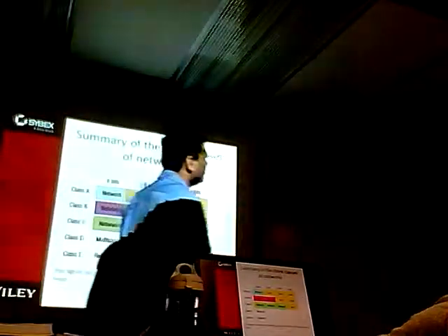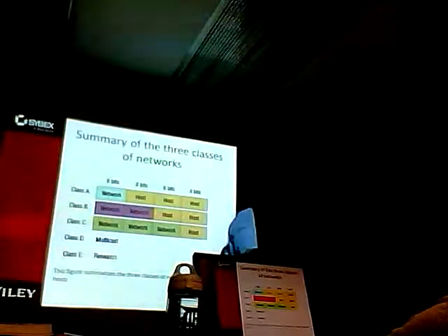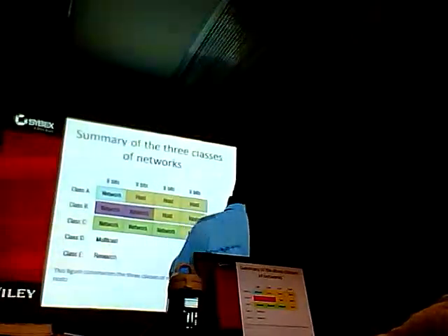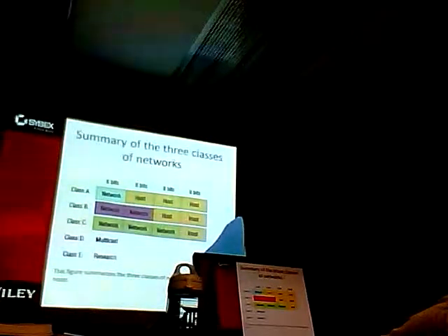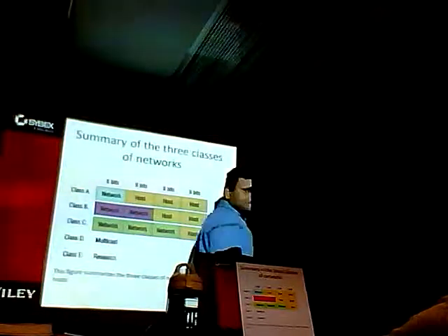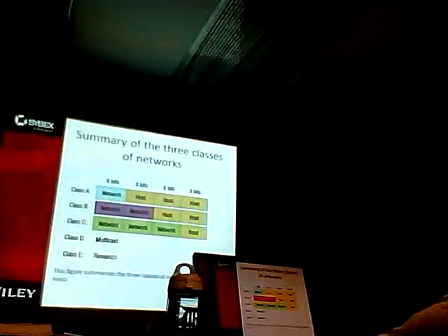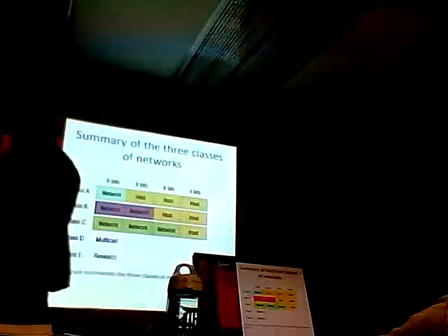When you do 28, suppose I do slash 28 here, what does that mean? The first 28 bits are ones, and the rest of them are zeros, right? So now what kind of subnet mask do you have?